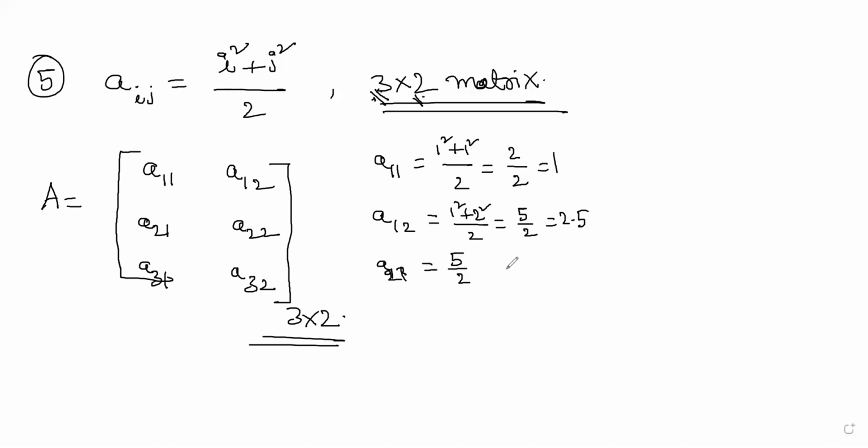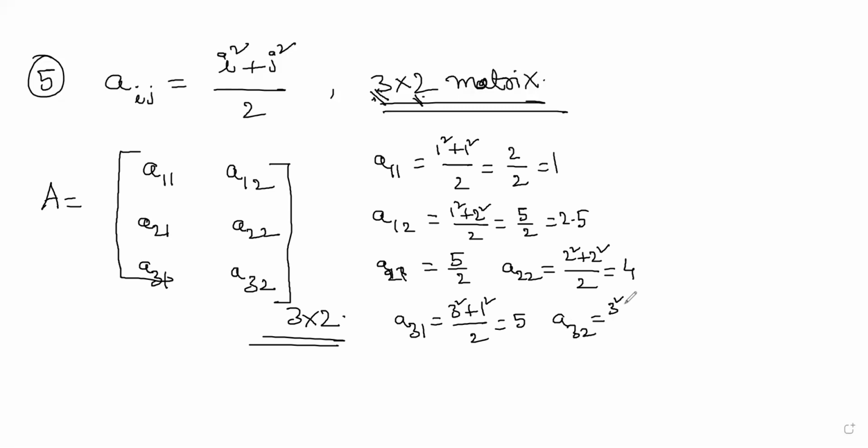And now A22 is 2 square plus 2 square divided by 2, that is 4 plus 4 divided by 2, which is 8 by 2, that is 4. A31 is 3 square plus 1 square divided by 2, that is 5. A32 is 3 square plus 2 square divided by 2, that is 9 plus 4, 13 by 2, that is 6.5.